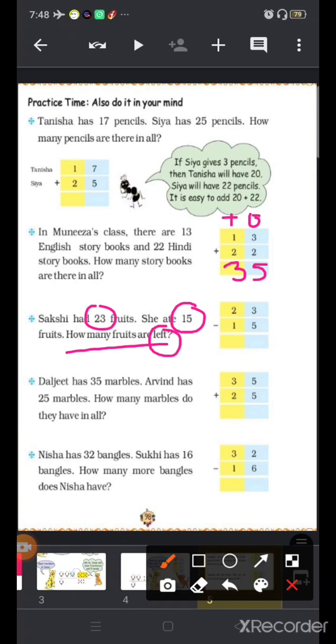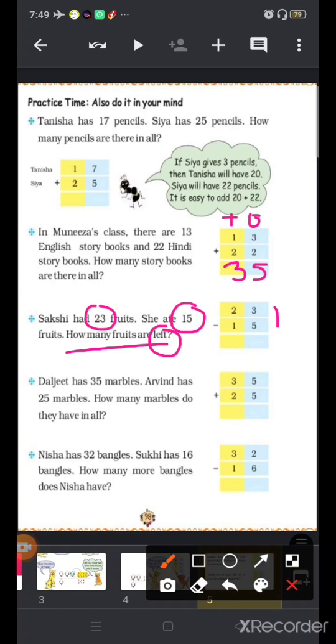We'll subtract. First we'll subtract the ones place and then the tens place. Okay, so 3 minus 5. Can we subtract 5 from 3? No. Why not?